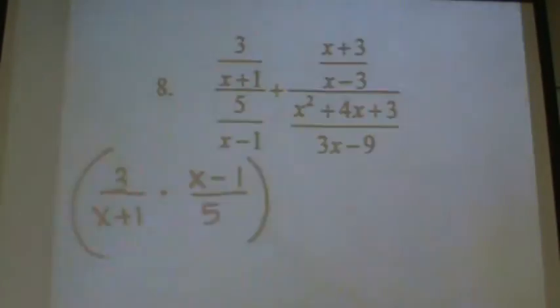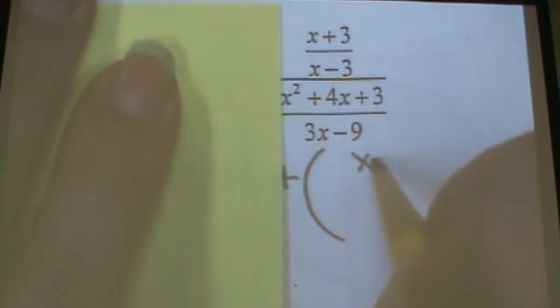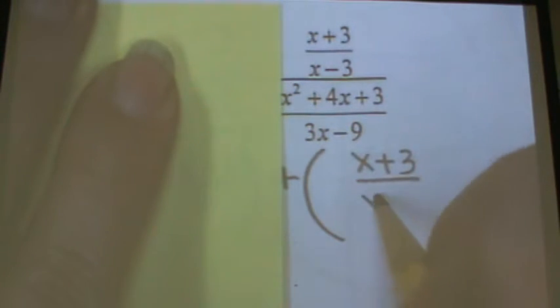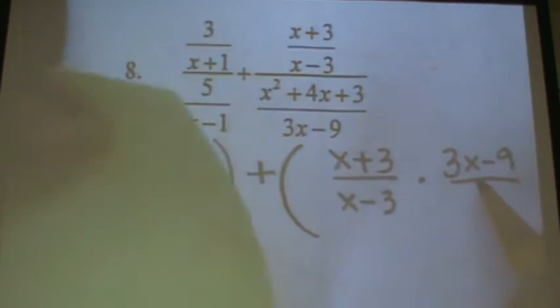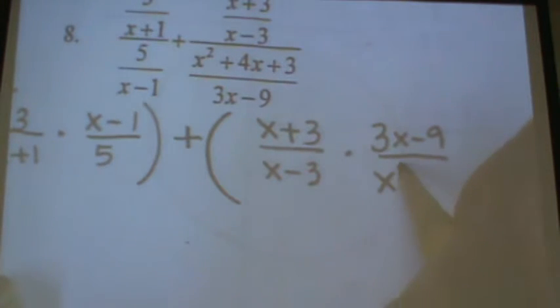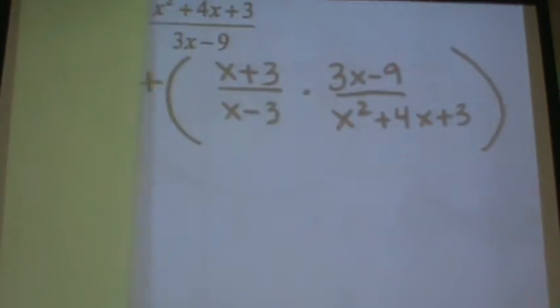Okay, now let's look at the other side. We're gonna add, we're gonna flip. You have 3x minus 9 over x squared plus 4x plus 3. So what can I do with that?